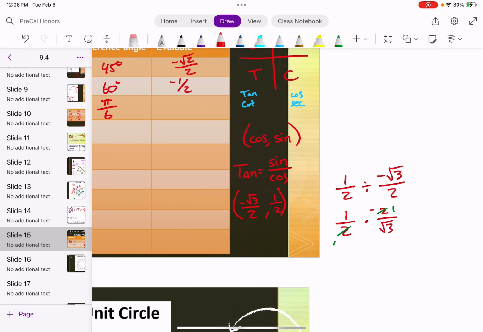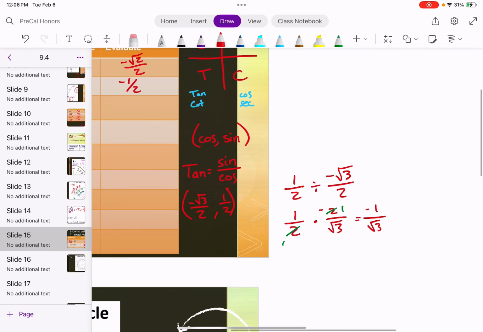Our final answer here would be a negative 1 over the square root of 3. We do want to rationalize it and make sure that the square root of 3 is eliminated from the denominator. So this would turn into a negative square root of 3 over 3. This right here would be our answer. Negative square root of 3 over 3.